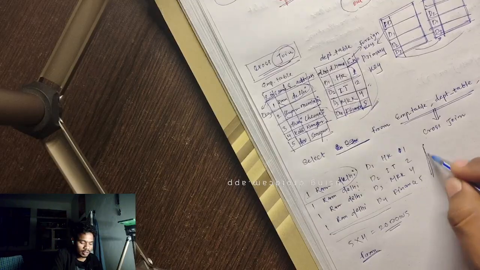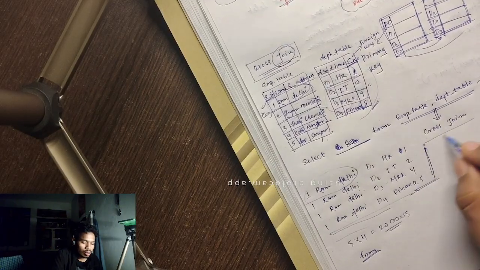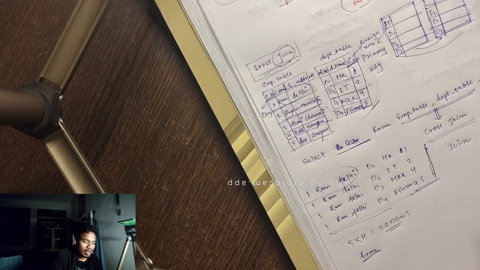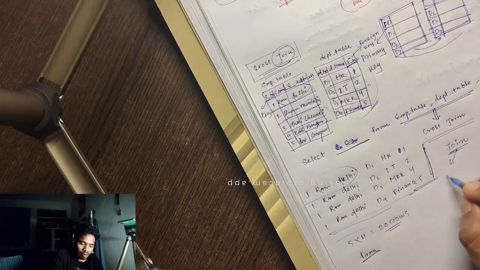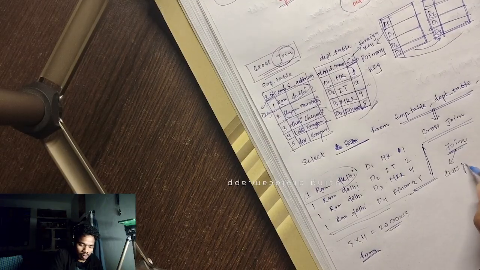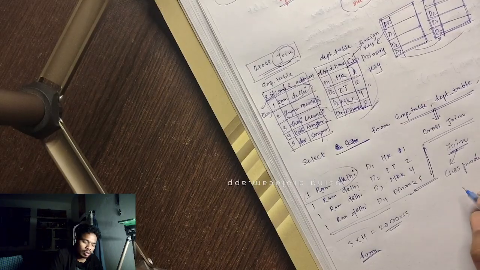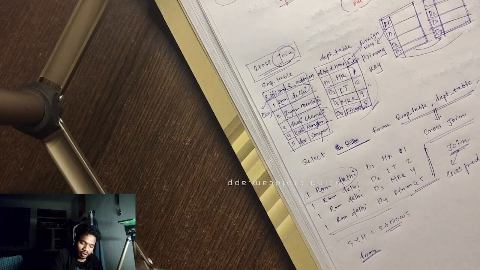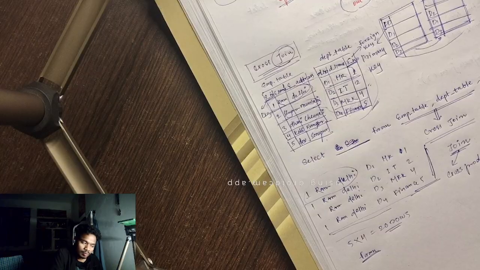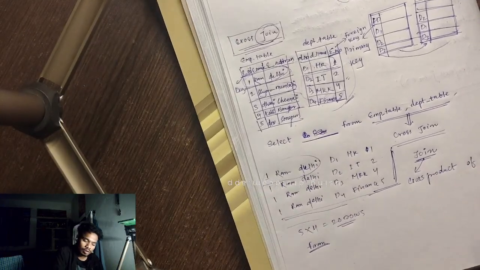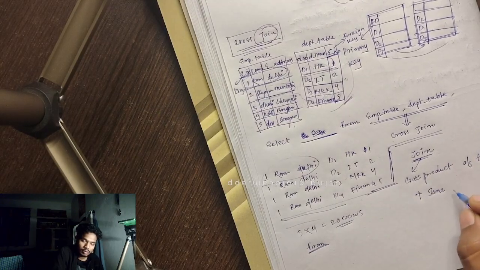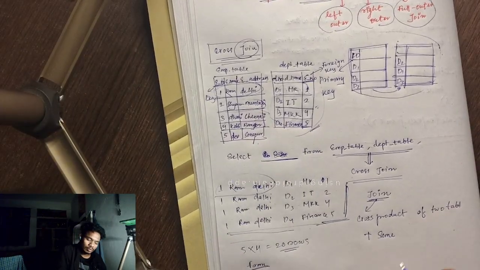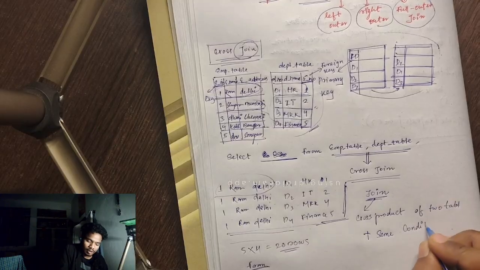And this is very simple: whatever we study next, join means nothing but the cross product of two tables plus some condition.